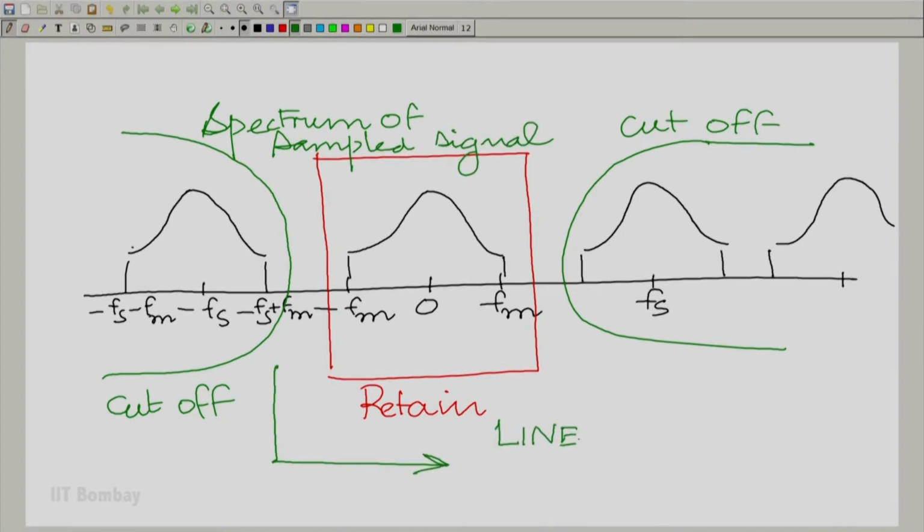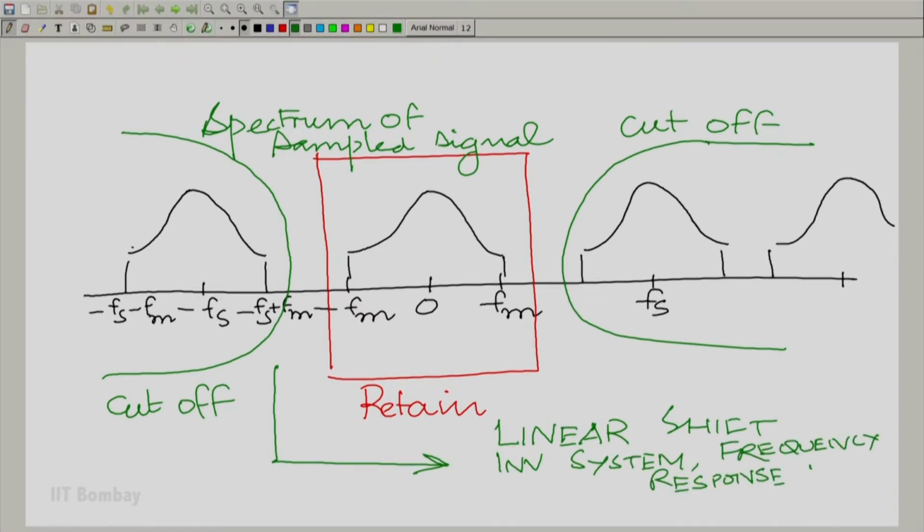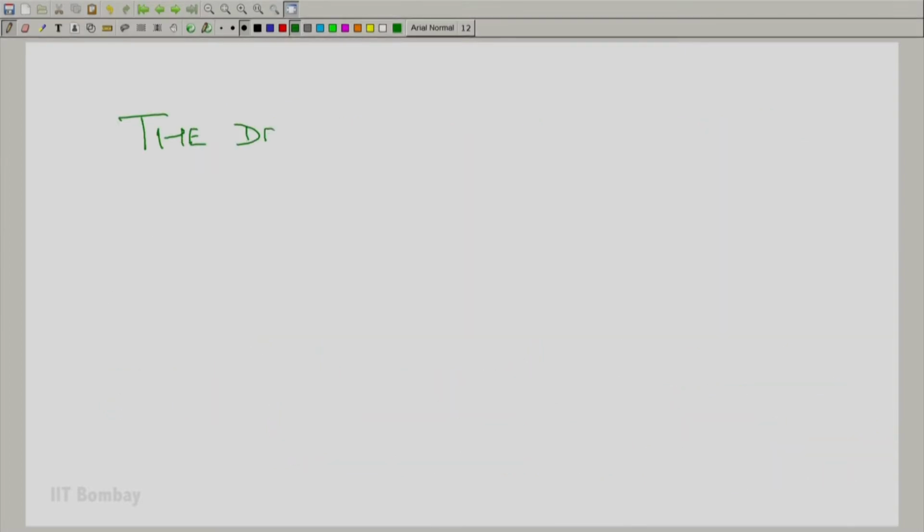Suppose you pass this sampled signal through a linear shift invariant system which has a frequency response. I am writing the frequency response as a function of the cycles per second frequency, note. And what is this frequency response that we desire? Let us draw that explicitly.